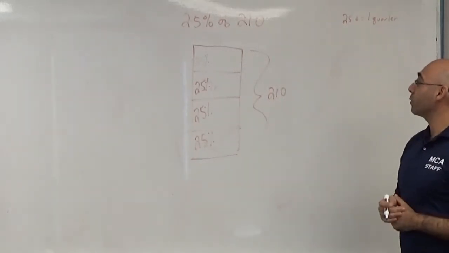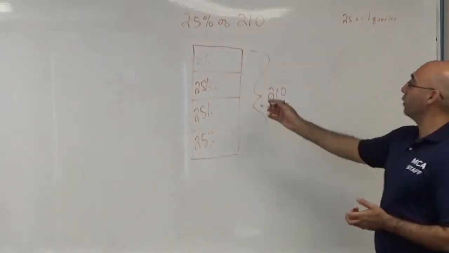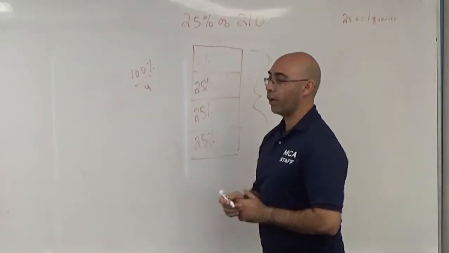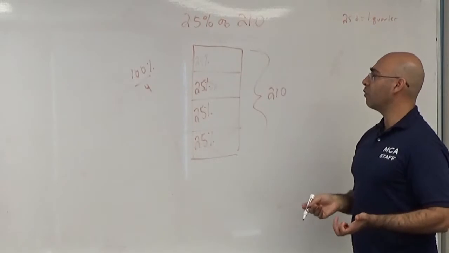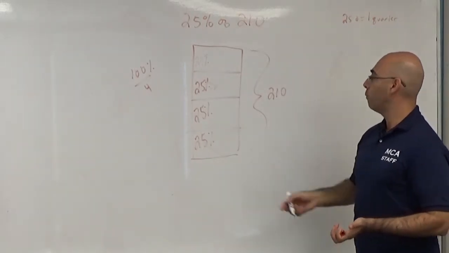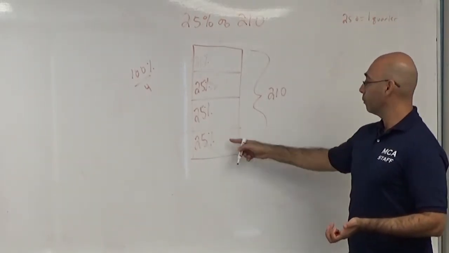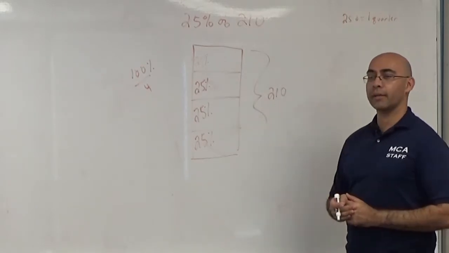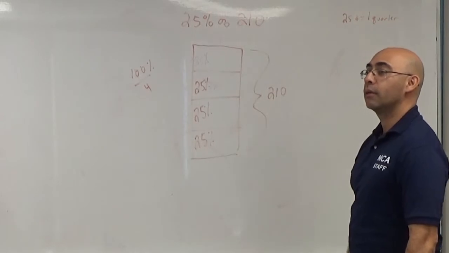Now to find 25%, you just did 100% divided by 4, correct? And why did I divide by 4? We have 4 boxes. So what should I do to figure this guy out? Good.